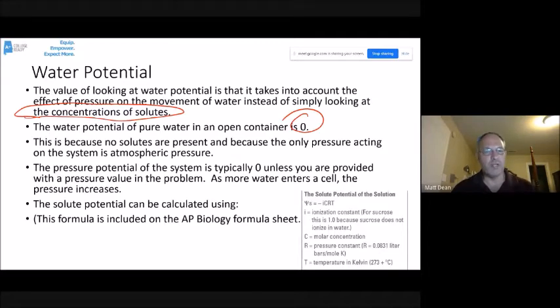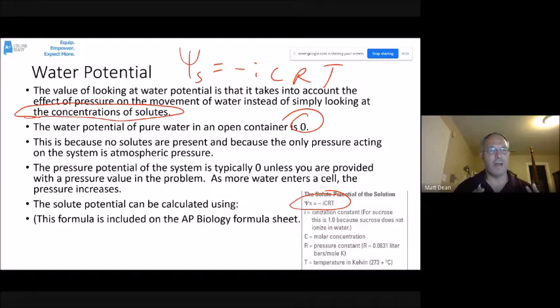We also have a formula on the AP Biology formula sheet to calculate solute potential. And we can see that formula right over here. So the solute potential is equal to negative iCRT, where i is called an ionization constant. And it's really important, especially if we're talking about salts.